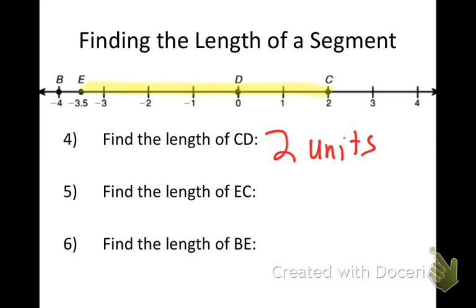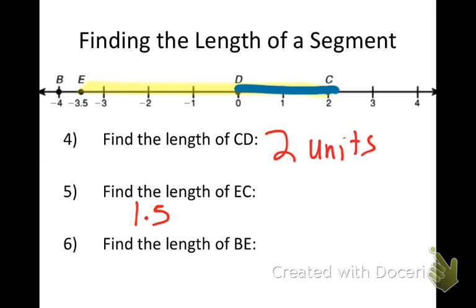Number 5, I want to find the length of EC. What's the length of EC going to be, McCoolidge? 1.5, he says. Okay, let's think about this. You agreed DC was 2 units, right?